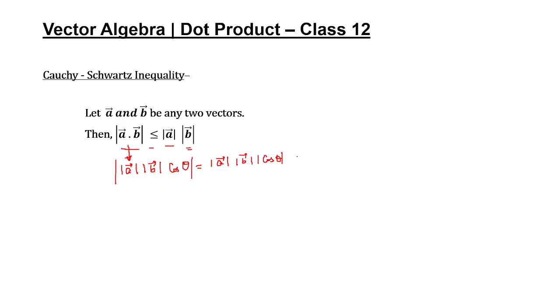So that is always less than or equal to modulus of A into modulus of B, because modulus of cos theta is always between 0 and 1.